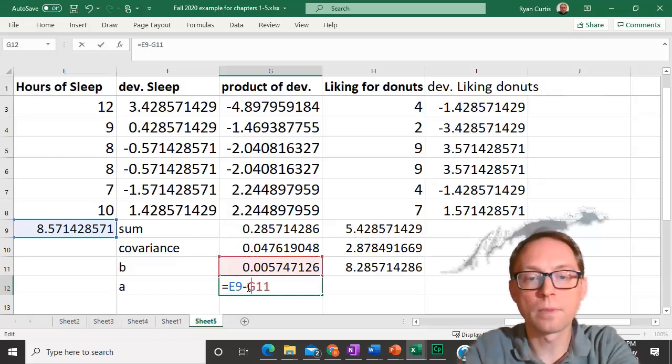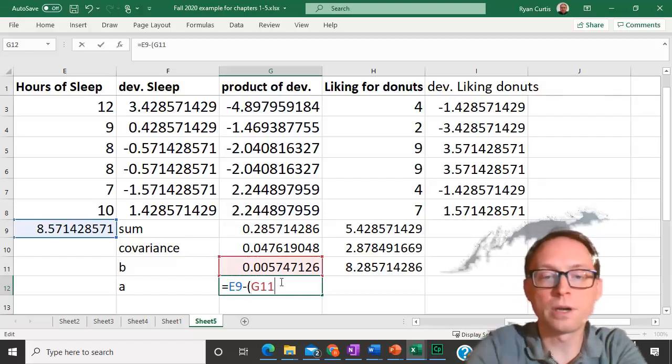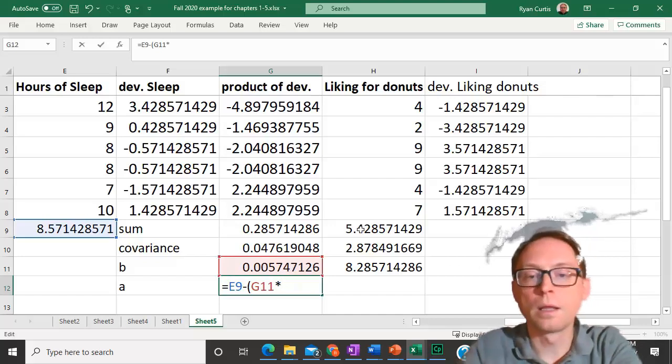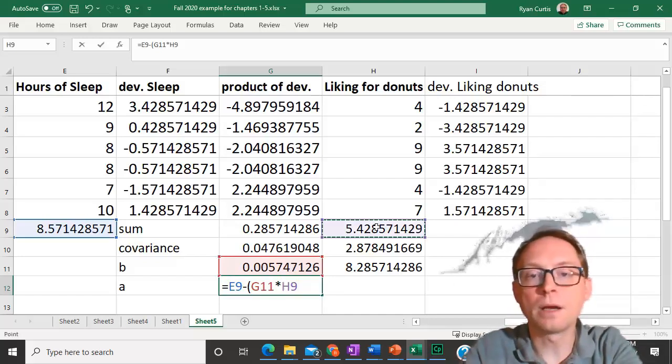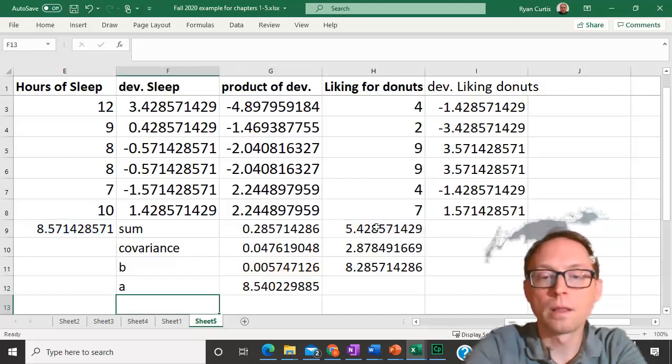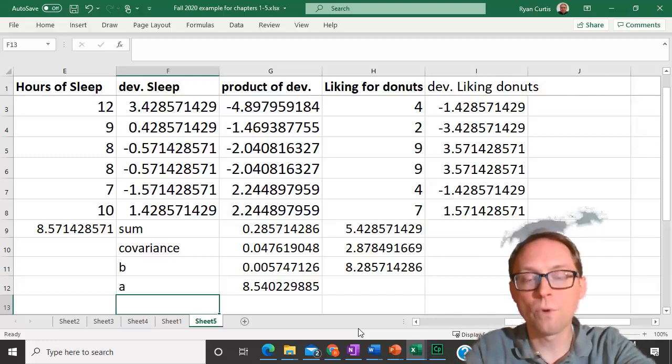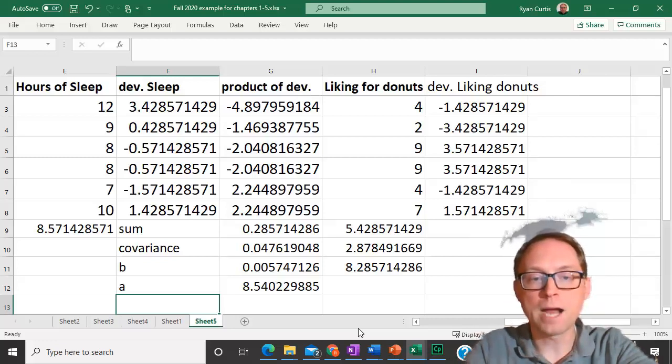I'm going to go ahead and put a parentheses there just to make sure that you know what we're doing. I don't technically need it. B times the mean of x, right there. 8.54. I expect that you're going to sleep 8.54 hours when you have zero liking for donuts. That's what that is saying.